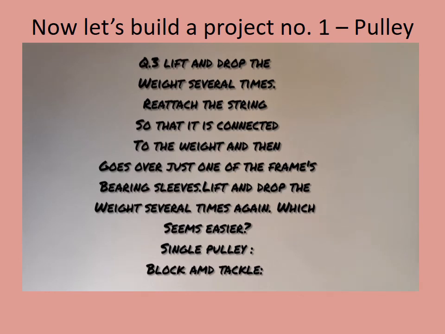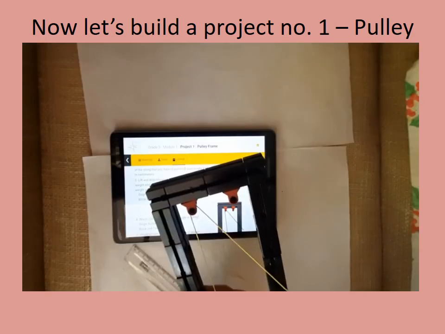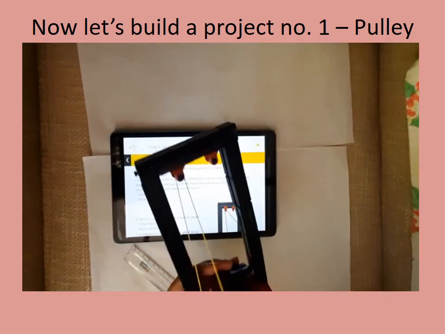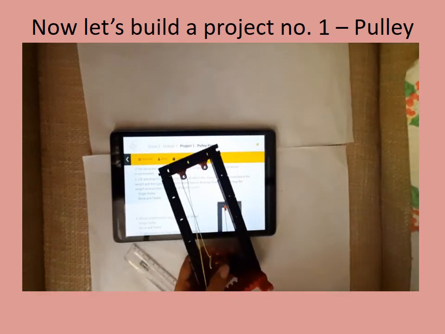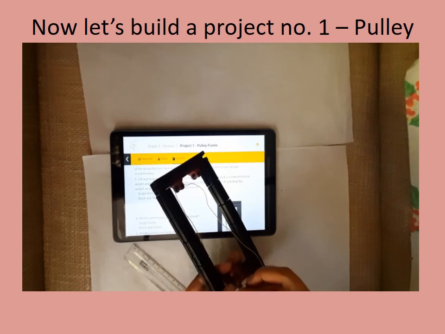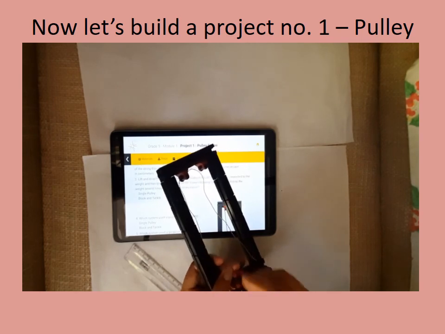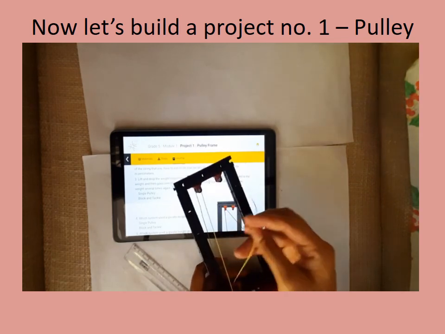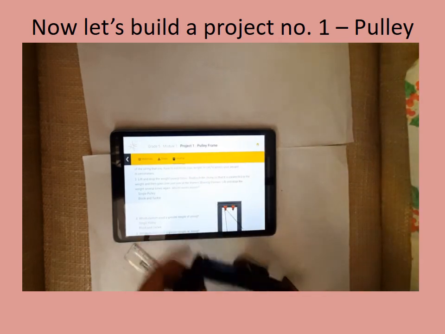Lift and drop the weight several times. Reattach the string so that it is connected to the weight and then goes over just one of the frame's bearing sleeves. Lift and drop the weight several times again. Which seems easier, single pulley or block and tackle? We have to observe with the single pulley and then with the block and tackle. So I am reattaching the string again.